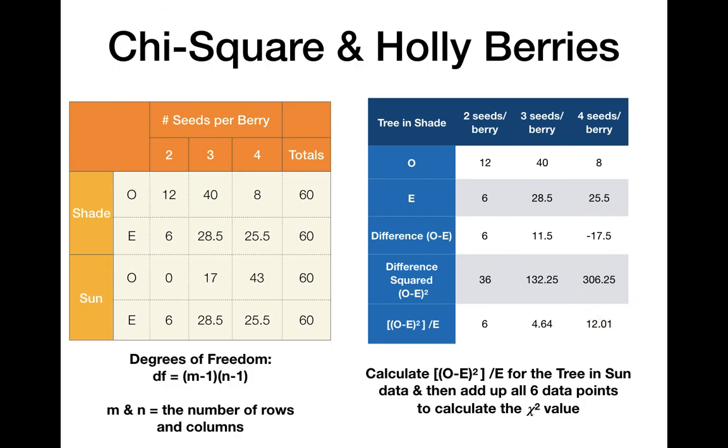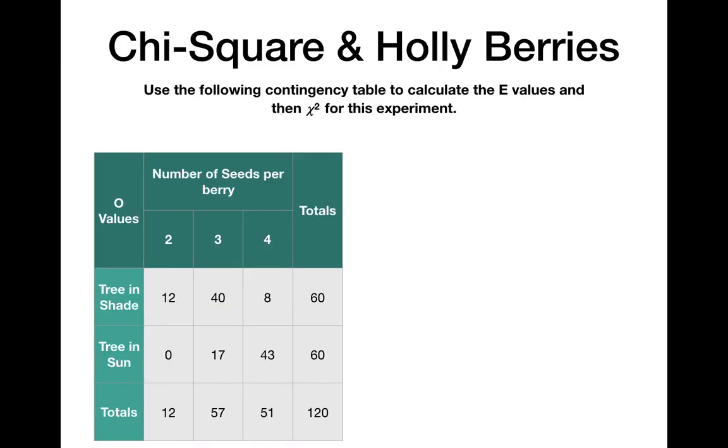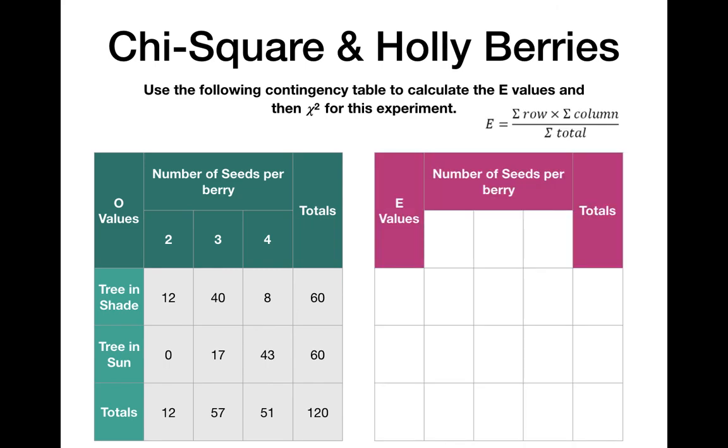Now my degrees of freedom is going to be figured a little bit differently when I'm doing this kind of chi-square test. So it's m minus 1 times n minus 1. So m and n are the number of rows and the number of columns. In my original contingency table, I have 2 rows and 3 columns.